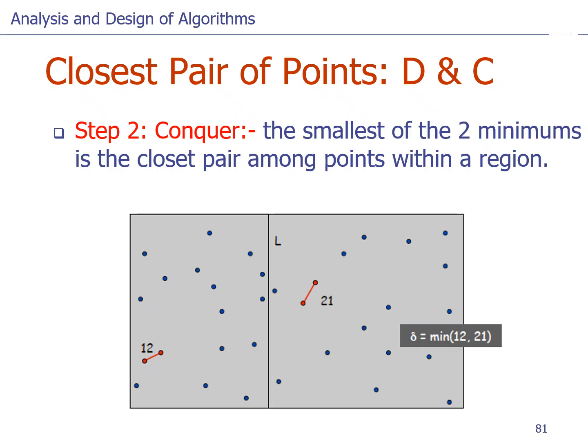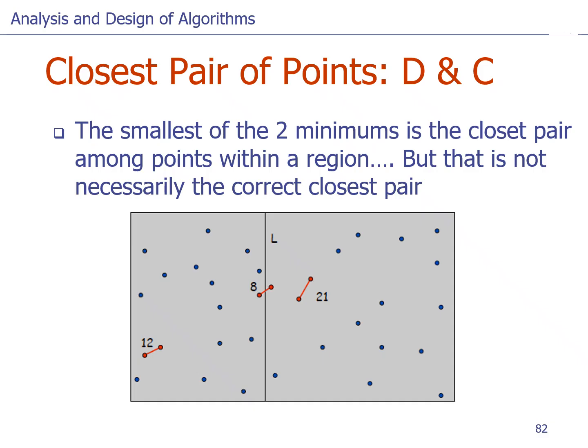So the minimum of the two is 12, and what I'm going to do next is make sure that this is truly the minimum in the whole graph. Why is there an issue of concern? Why am I saying I want to make sure that 12 is indeed the smallest in the whole graph?